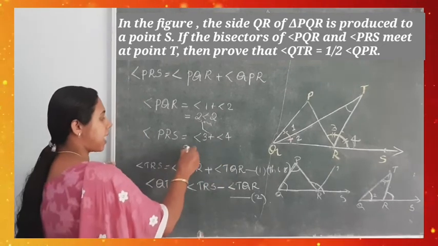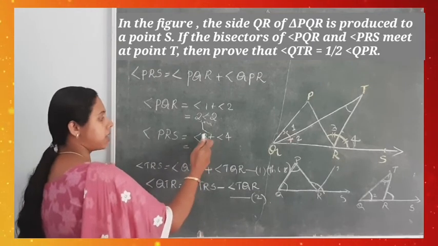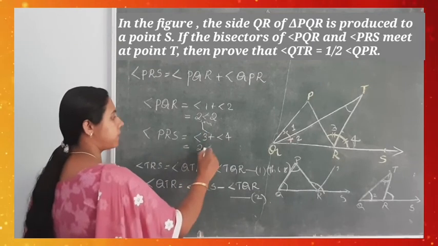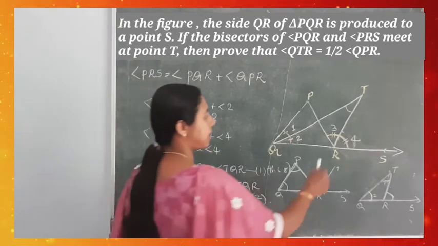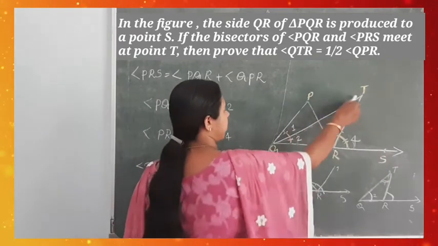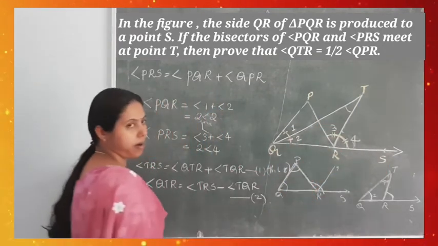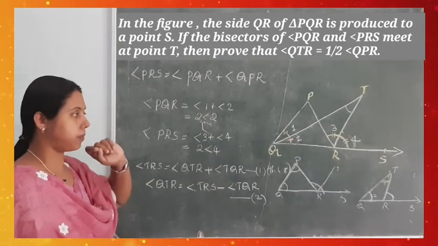They are equal, so angle 4 plus angle 4, that is 2 angle 4. Here angle 4 is angle TRS, and angle 2 is angle TQR. So instead of the number you can give the name also.